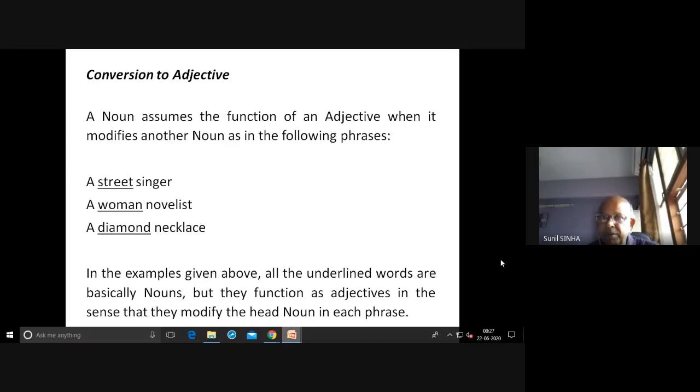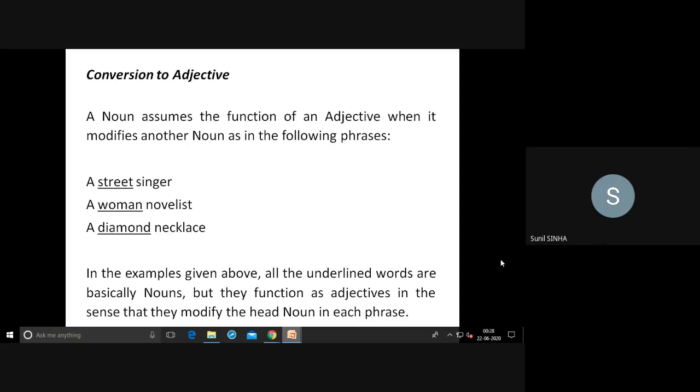In a woman novelist, woman modifies novelist, and therefore woman, though it is a noun, functions as an adjective. In a diamond necklace, diamond functions as an adjective. And this is called conversion to adjective.